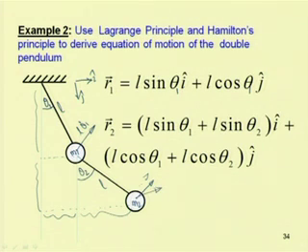So, this is L theta 1 dot and this is L theta 2 dot, and the summation of these two gives the velocity.